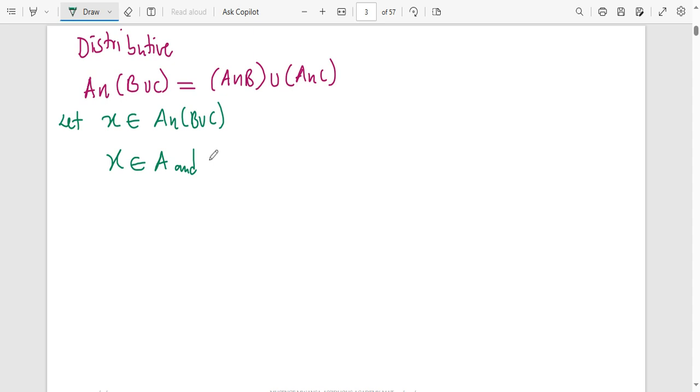So I'll say X is a member of A and B union C. This will also mean that X is a member of A and, what word am I going to put where there's union? Yes, Leah? O. Thank you. O C. Now, what I want you to get here is this. X is a member of A and B or C.